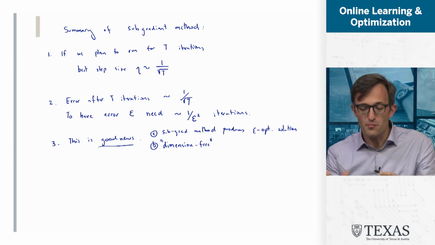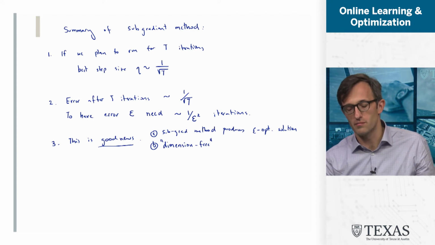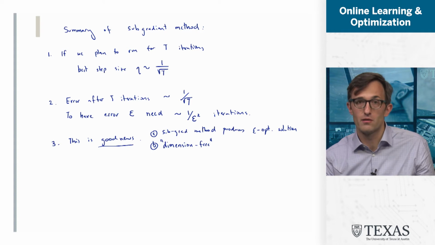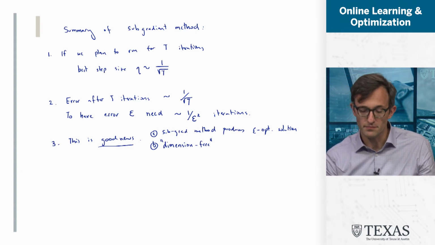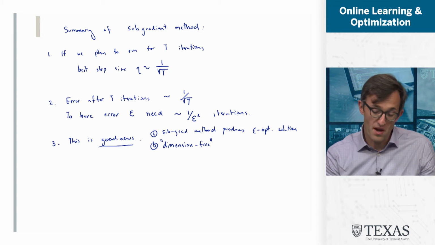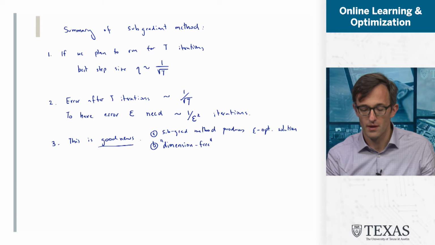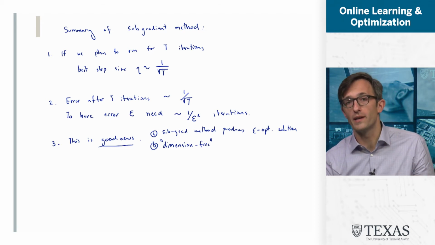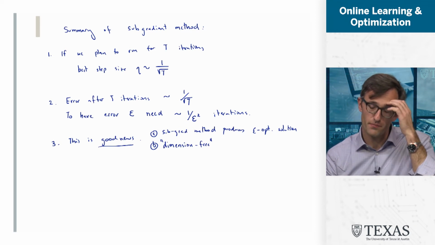Because for many problems in machine learning, of course in some we really do require very high accuracy, but for others, having a modest epsilon, maybe 5% error, 1% error, but not something like 10 to the minus 16. So if you have that kind of error, 1 over epsilon squared is not quite as scary. On the other hand, if your problem is very big, then this is really a winning kind of situation that you want to be in. So this is good news.